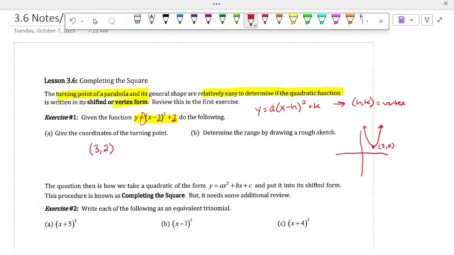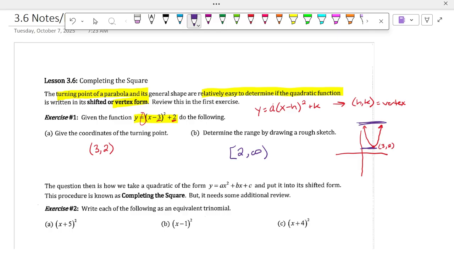So that means my lowest y value is at 2. My highest would be at positive infinity. And we're going to use a bracket with the 2 because it's definite.